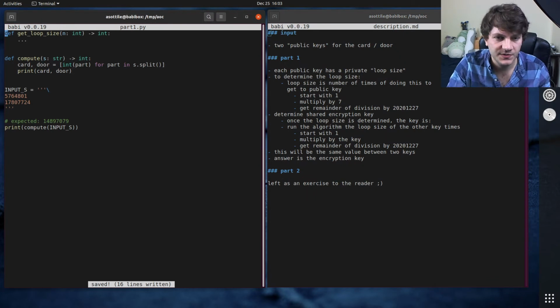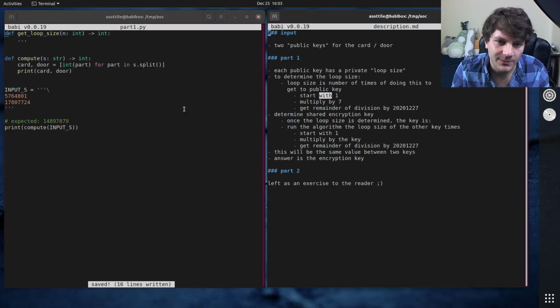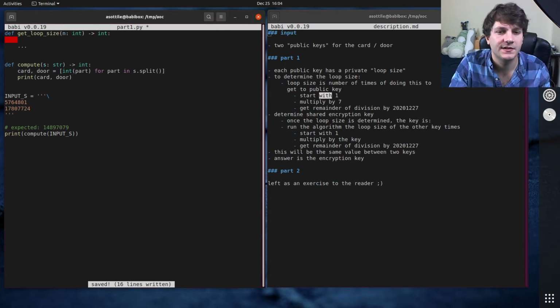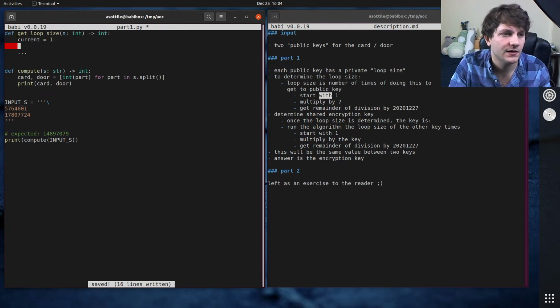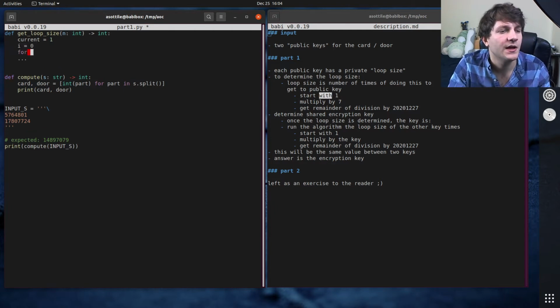All right, so I made a function called get_loop_size, which takes an integer and returns an integer. We start at 1 and multiply by 7. So current equals 1, and i equals 0, because we're going to count the number of times we run this loop.